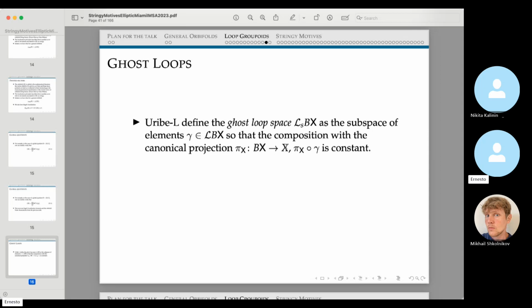On top of every point x in X, there is the classifying space of the stabilizer of x.